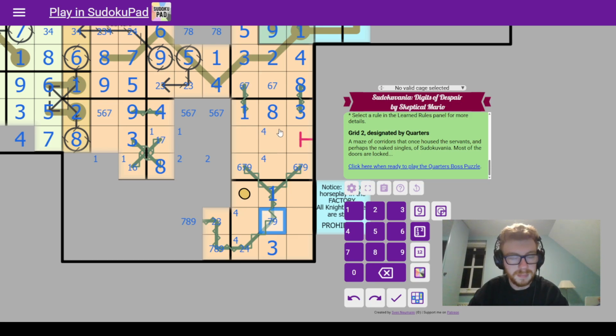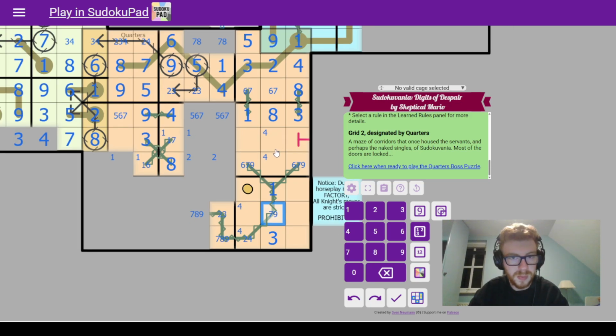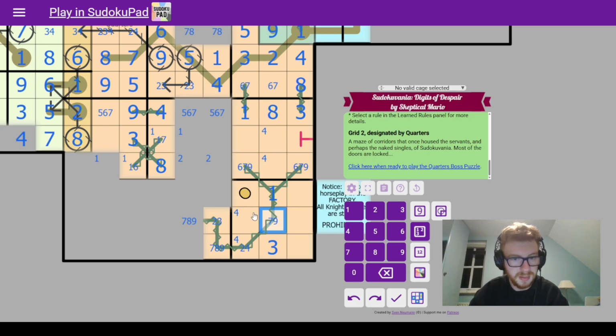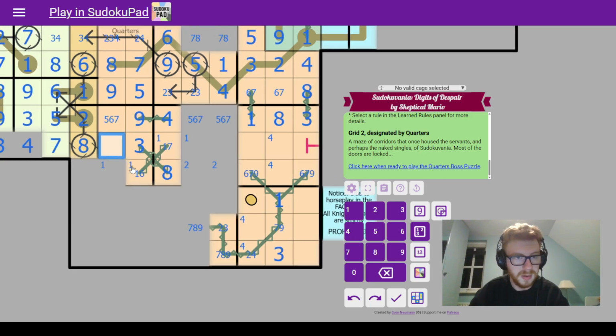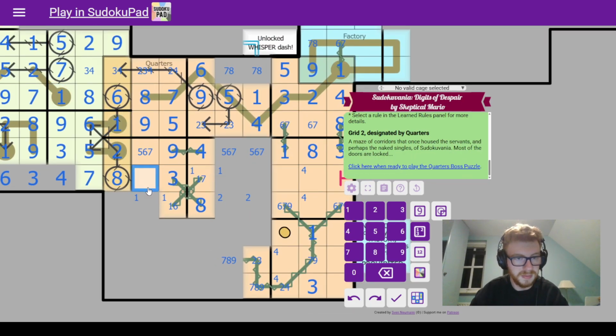Well, okay. Maybe we move on to the factory then and wait until we figure out what this is. I feel like there's more to be done though. I still haven't found the boss puzzle in this. I might go on until I find the boss puzzle and make the boss puzzle its own separate video.